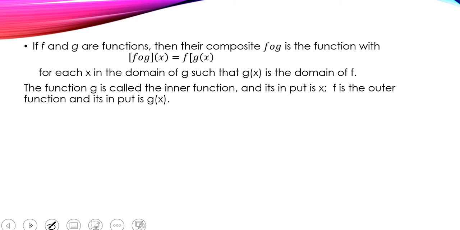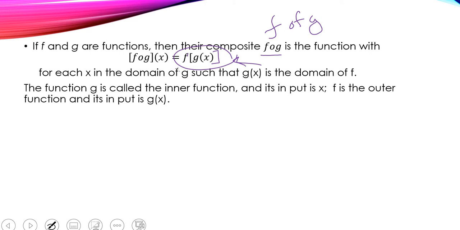So if f and g are functions, then their composite is f of g, and that's how it's read, f of g. This notation is the same as this notation. (f∘g)(x) is the same as f of g of x. This is the notation that I would prefer, for each x in the domain of g such that g of x is in the domain of f.